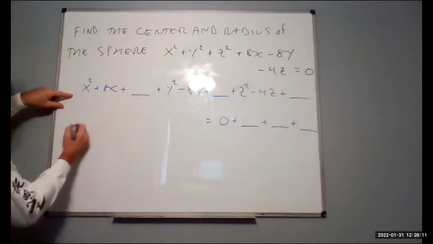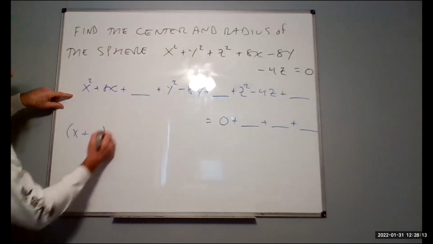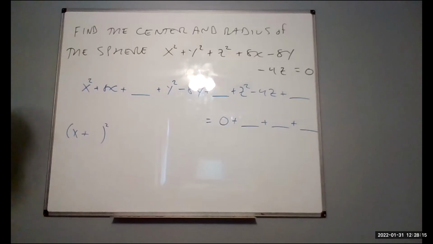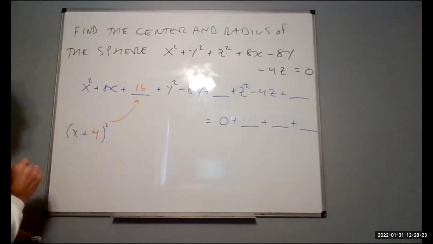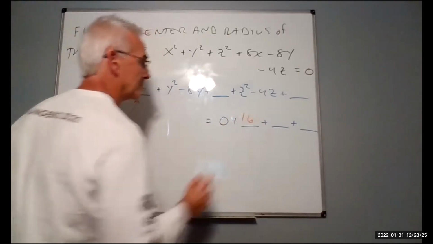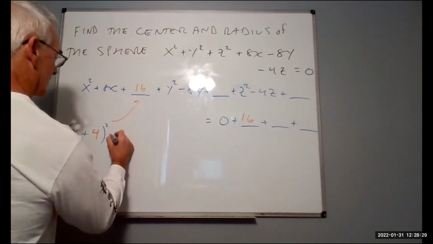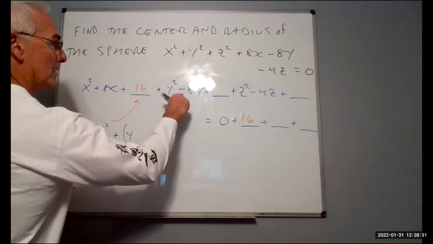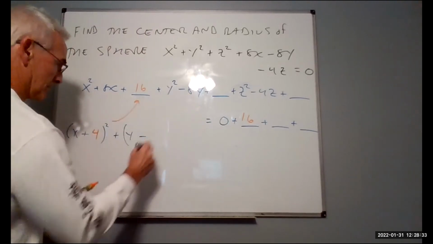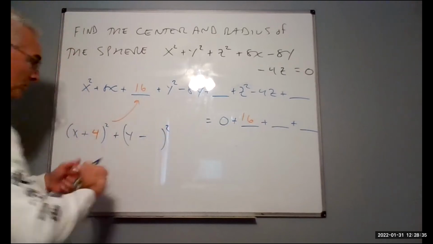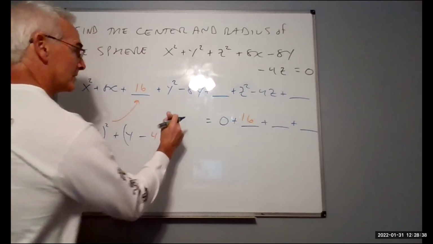So what's going to go here? x plus what being squared? 4. It's going to be a 4. So what goes here is a 16. Next, I'll use my visual aids here. y minus, again, probably 4.